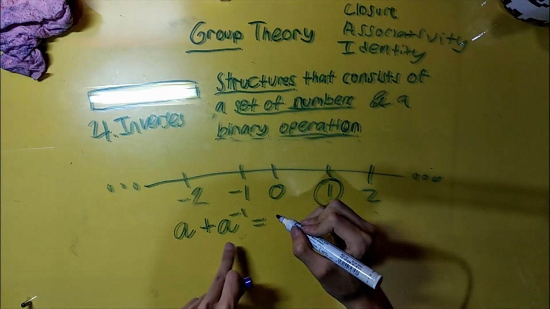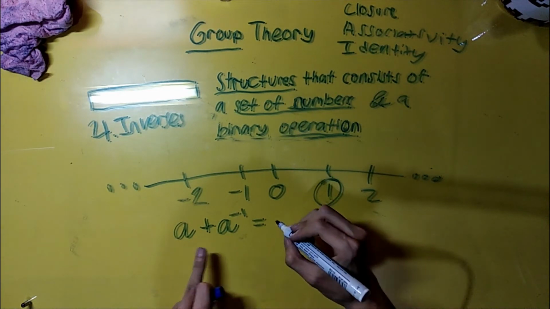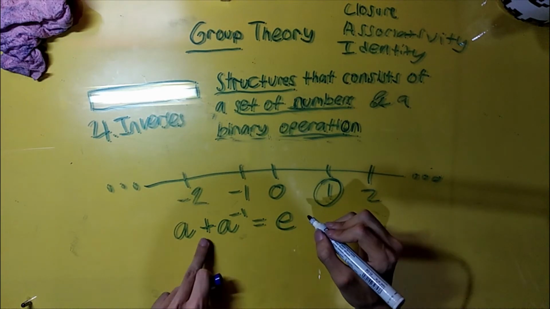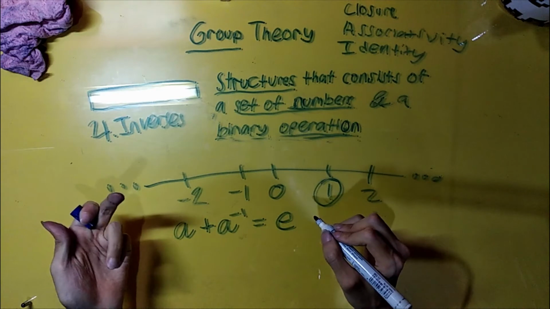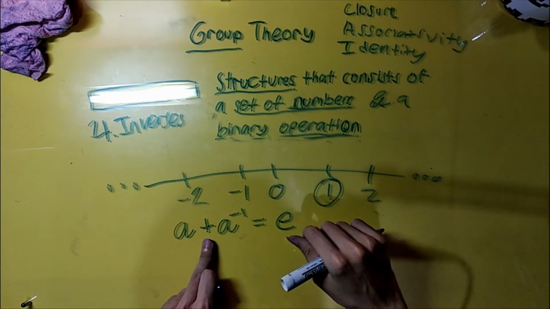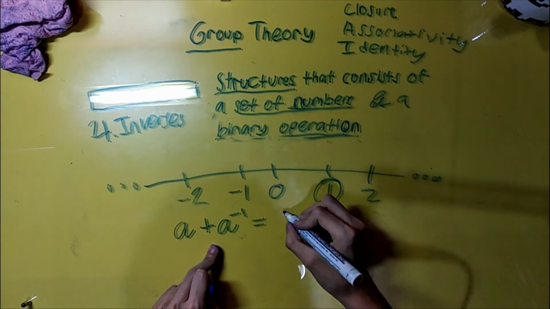And A inverse has the property that whenever you add it with A, you're always going to get the identity. The identity in this case is 0 because we're using addition. When we're using multiplication instead, we should change the identity into 1. But in this case, we have addition, so we can just change the identity into 0.